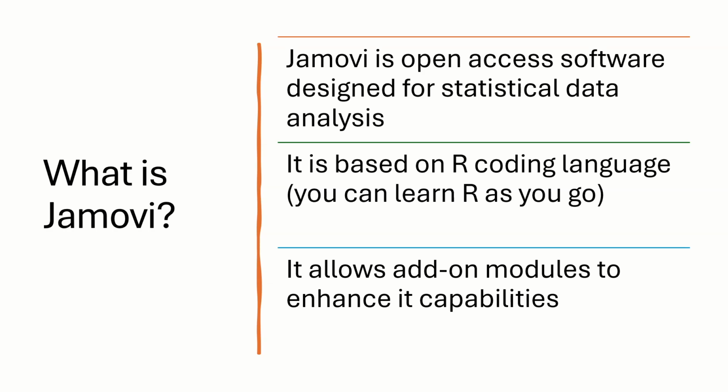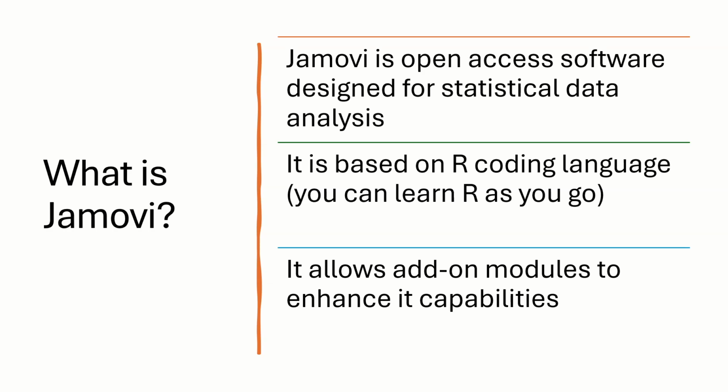So Jamovi is an open access software package, which means it's not proprietary and therefore usually doesn't cost anything to install. Its primary purpose is to engage in statistical data analysis. It is based on the R coding language. And if coding is not your thing, don't worry, you don't have to.